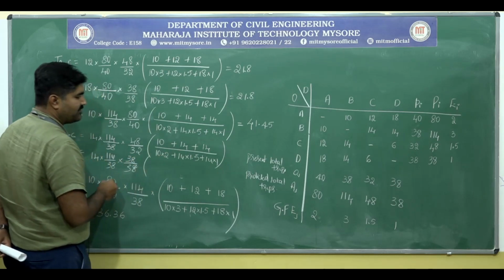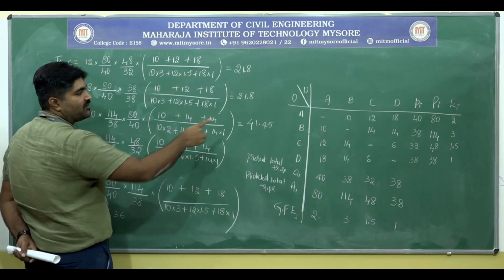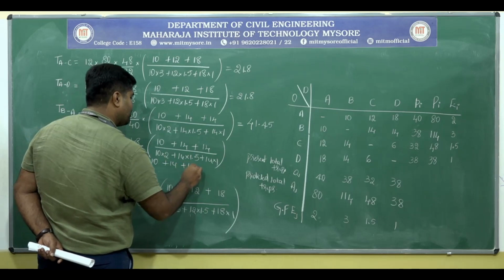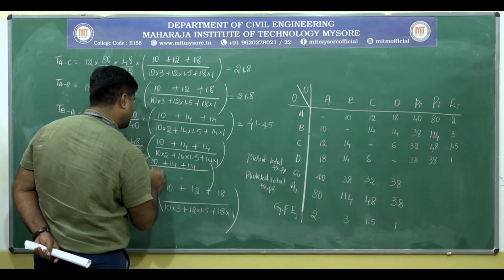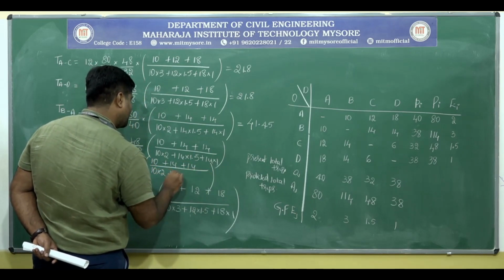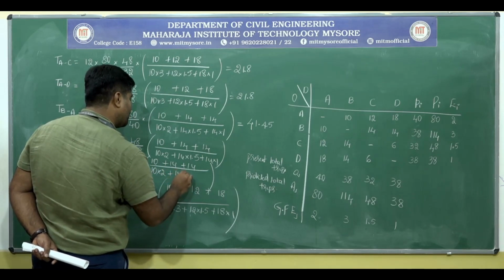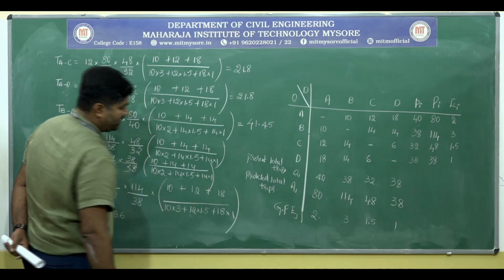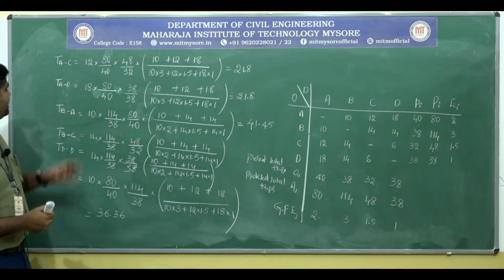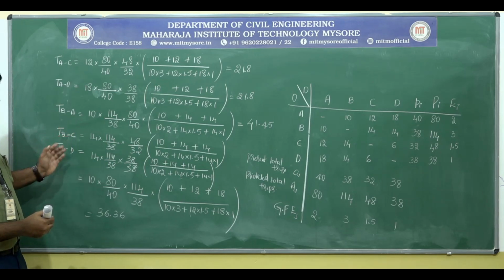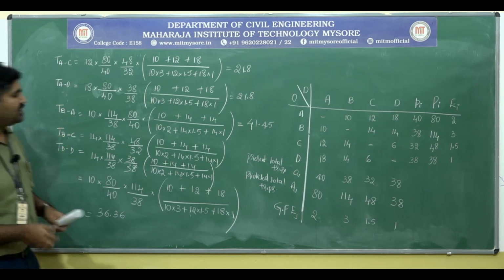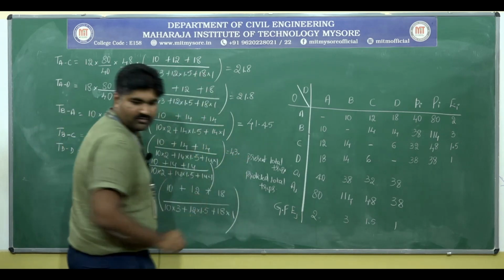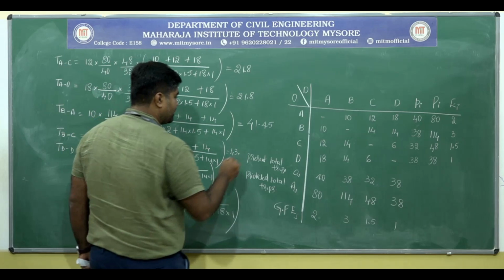This remains the same for this set of values which are radiating from B. 10 plus 14 plus 14 divided by 10 into 2 plus 14 into 1.5 plus 14 into 1. These are the trips between T B to A, T B to C, and B to D. For this I think you will get 43.47.